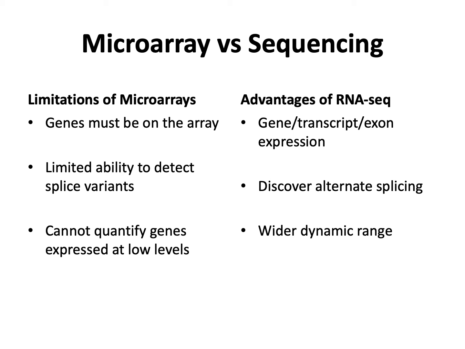And then there's a wider dynamic range too, so you can detect lower levels of expression by sequencing more deeply. So there are lots of advantages to RNA-seq, and it's really what I think people are doing today. But initially, it was much too expensive to do RNA-seq, so it used to be cost effective to do microarrays, but that's no longer the case.